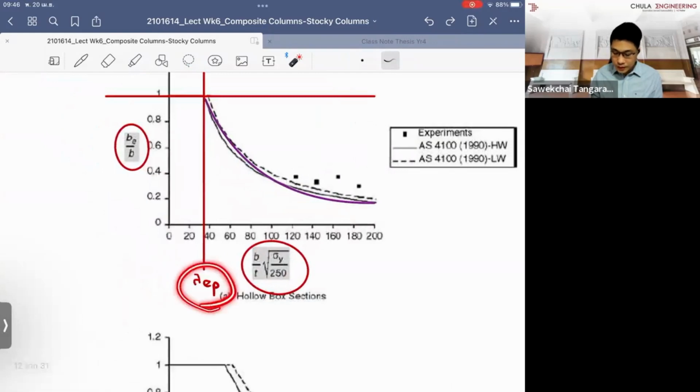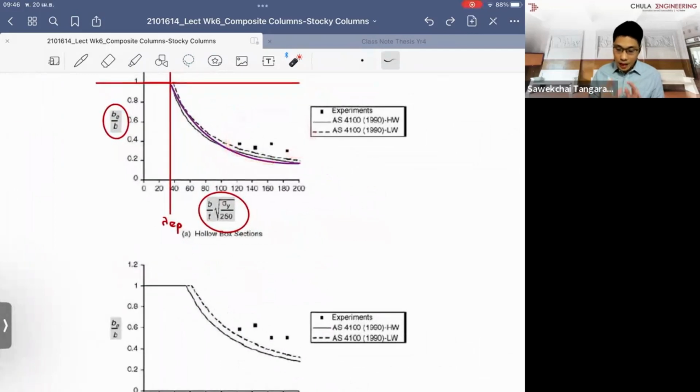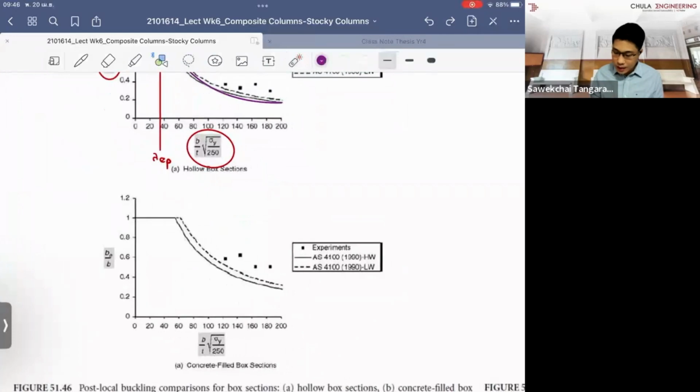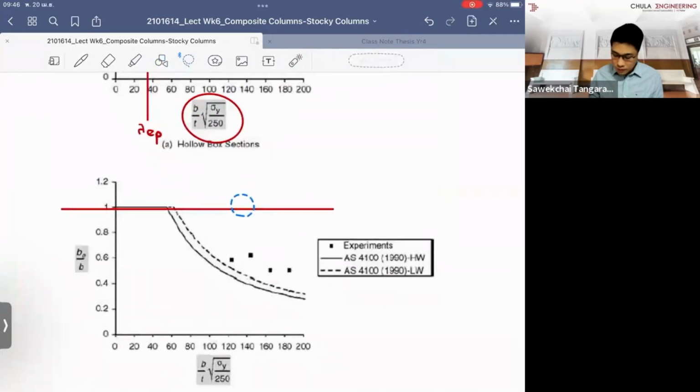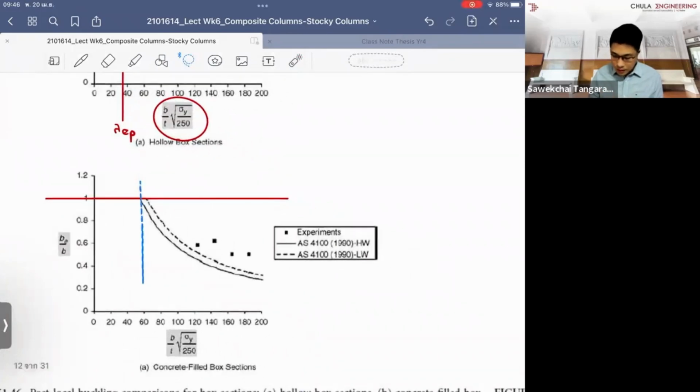And if the ratio of B over T is less than the limit, you can use the full cross section, right? And the one that sits on the top, this is for the standard steel. It doesn't have the concrete involved. So you might see that when the concrete comes and forms the composite action together with the steel, it shifts the limit to the right hand side. Because the concrete prevents the buckling in the steel, theoretically it pushes the limit to the right hand side.